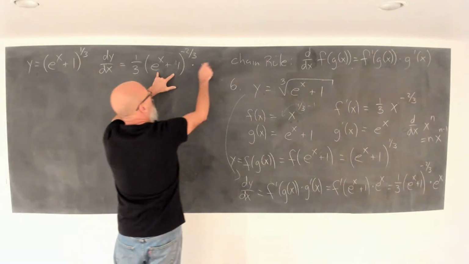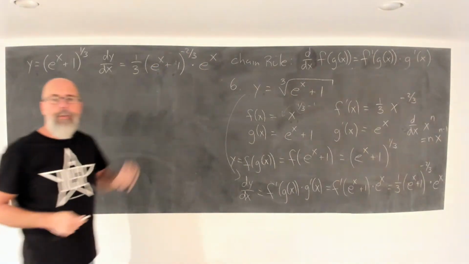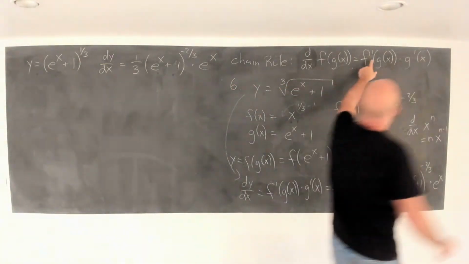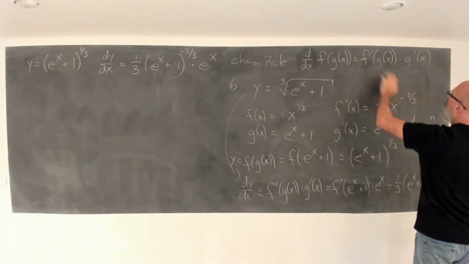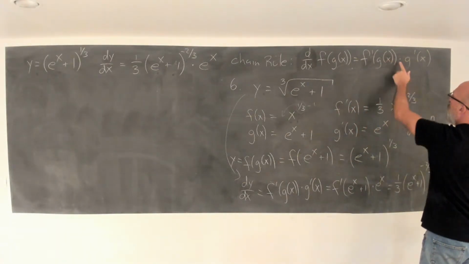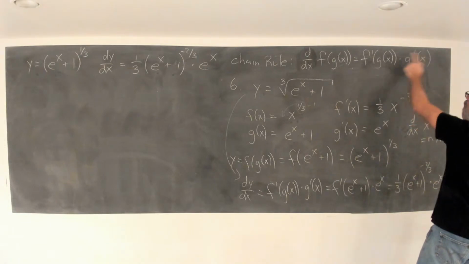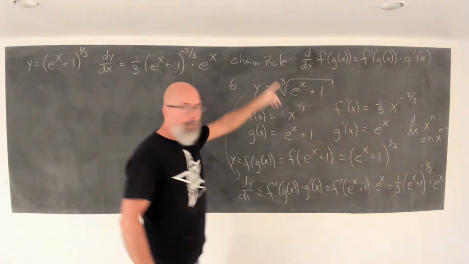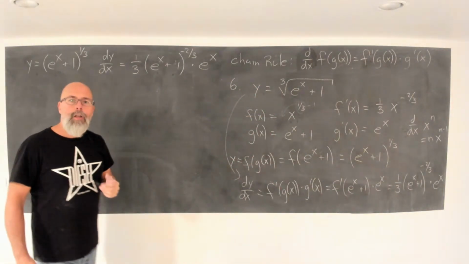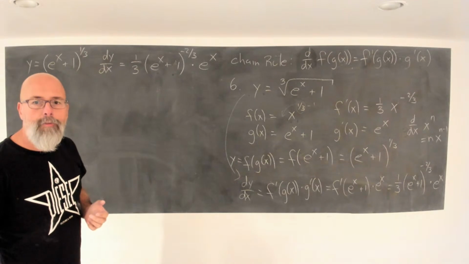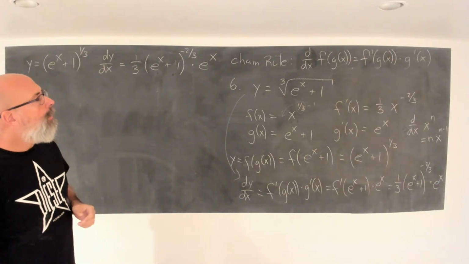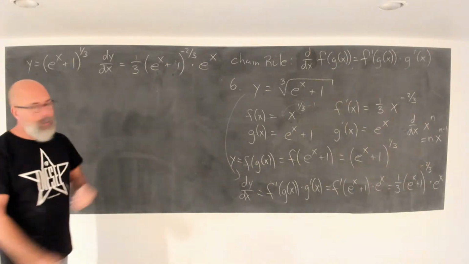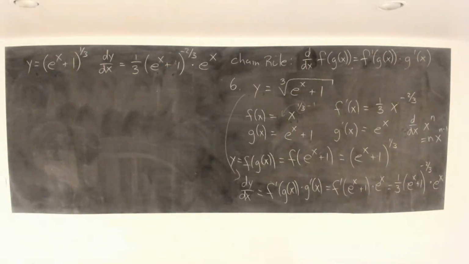Derivative of e to the x plus 1 is e to the x. That's what the chain rule says. Differentiate the outer function, leaving the inner function fixed, and then multiply by the derivative of the inner function. Of course, this chain rule can be proven using the limit definition of the derivative, in the same way that you can prove the product and quotient rules.